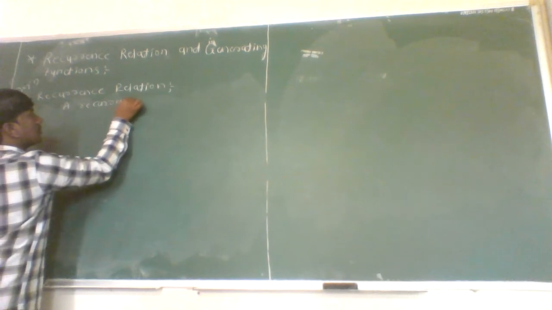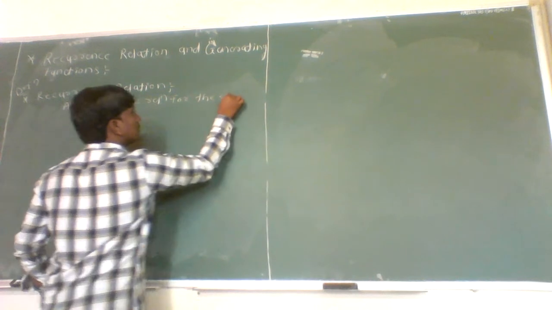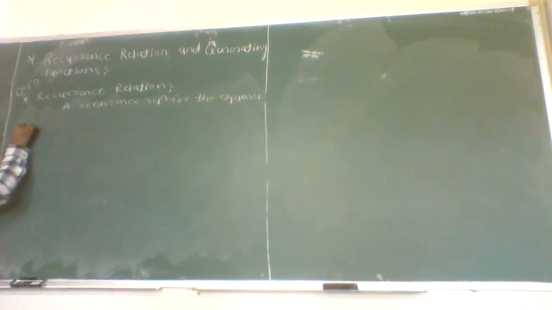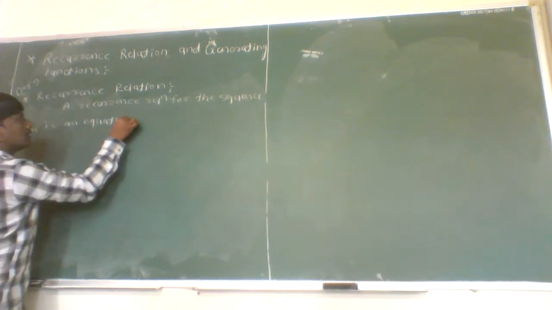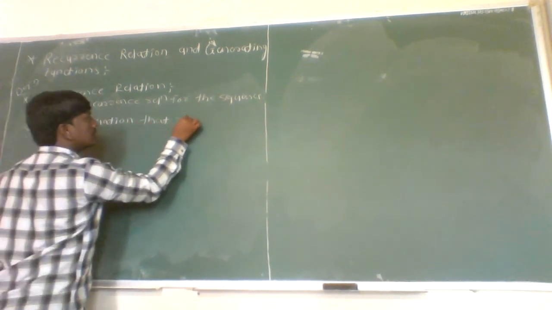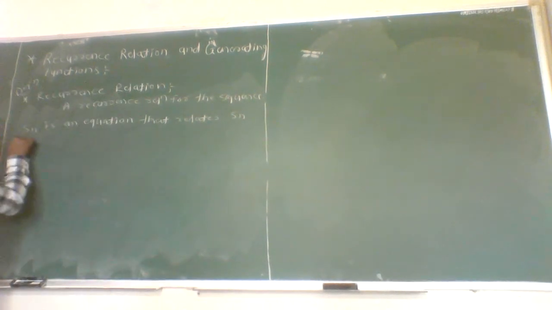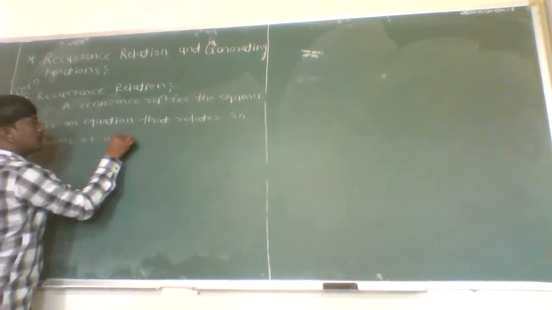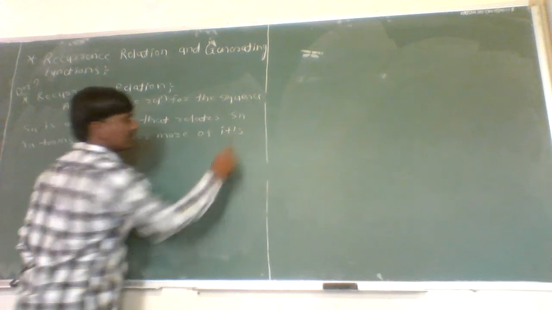A recurrence relation for the sequence Sn is an equation that relates Sn in terms of one or more of its previous terms.